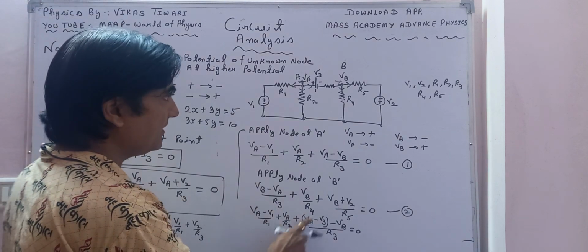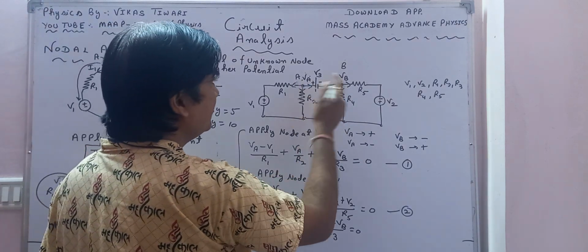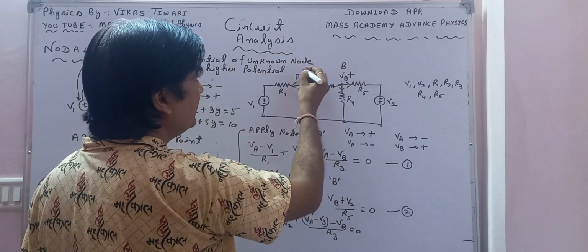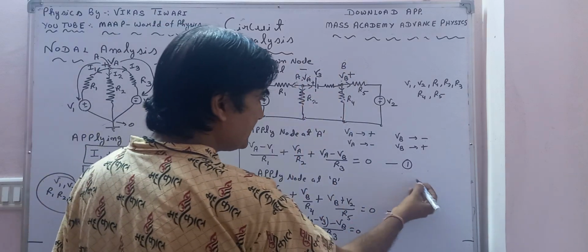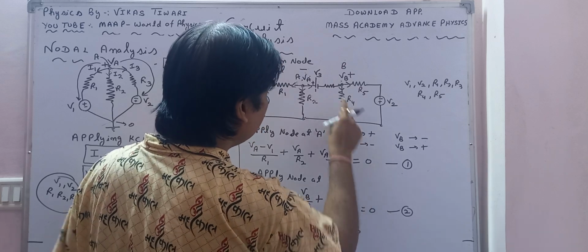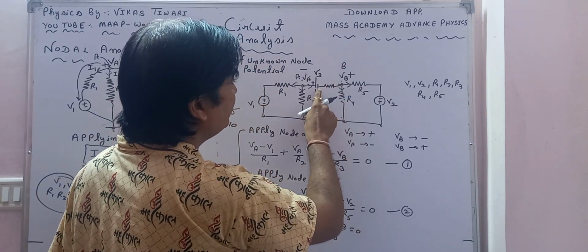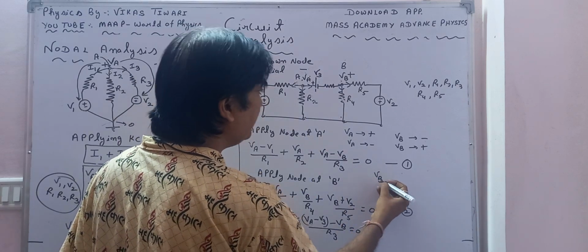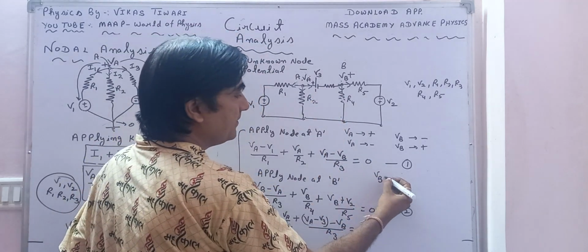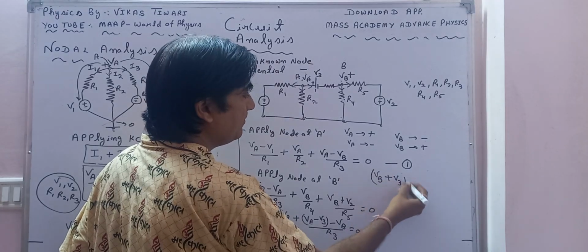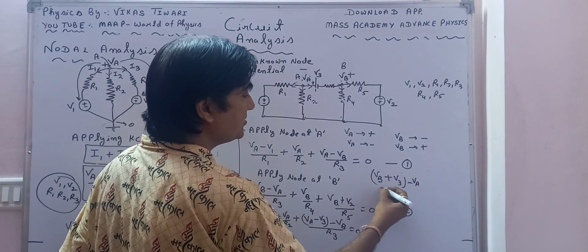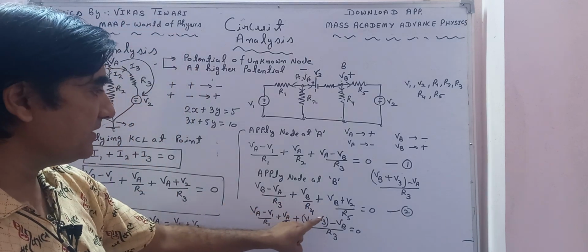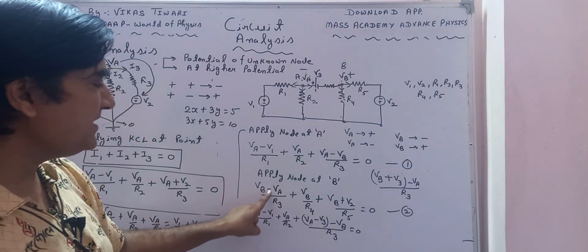For the change in this particular set, I will consider B point at positive and A point at negative. In that case, I am writing this particular equation. For this one, when VB is facing the negative terminal, I will write VB plus V3, but VA is already at lower potential, upon R3. So see the change in this particular term. It was VB minus VA upon R3.